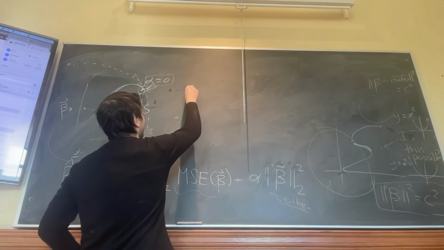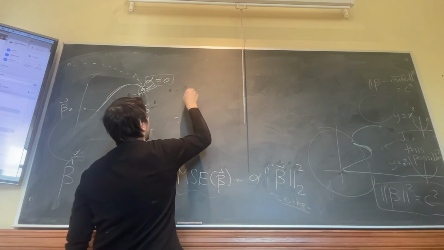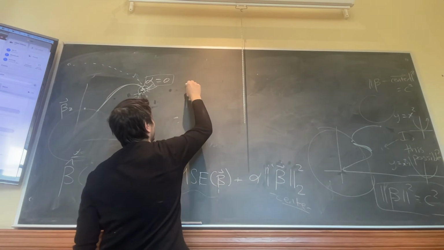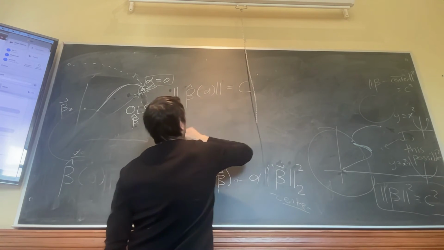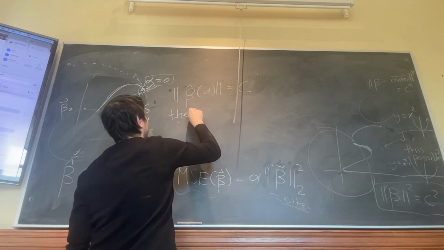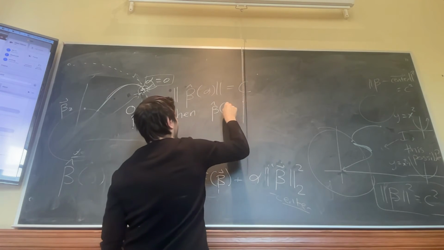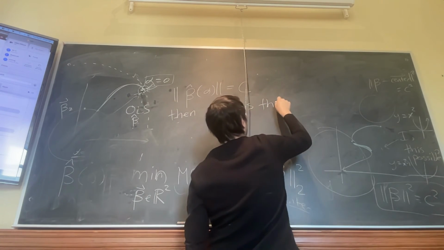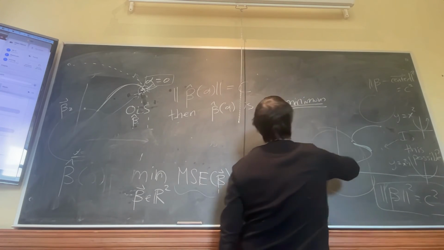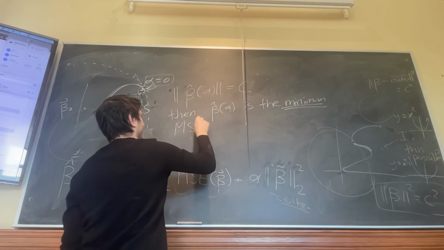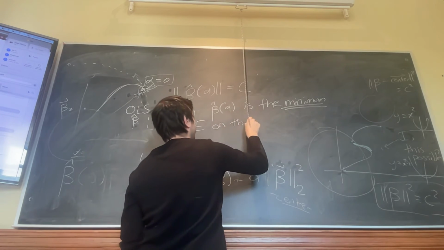So here's the statement. The statement is that beta hat of alpha, if the norm equals c, then beta hat of alpha is the minimum MSE on the circle.